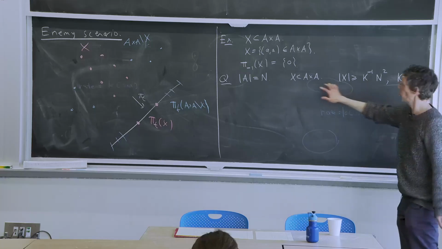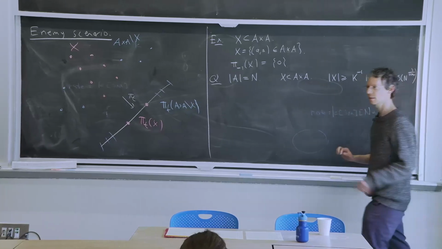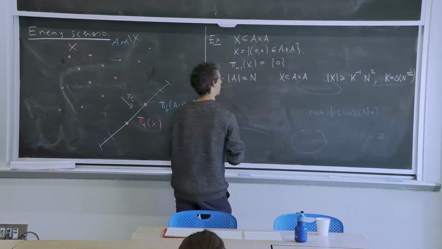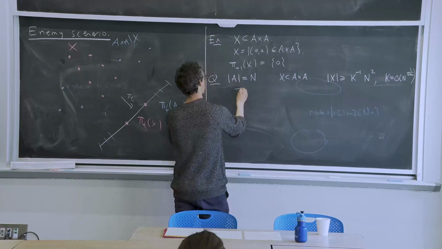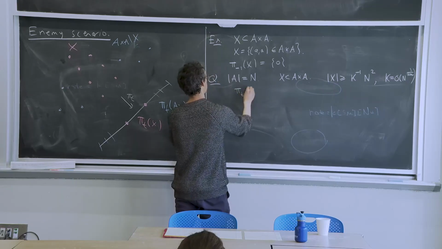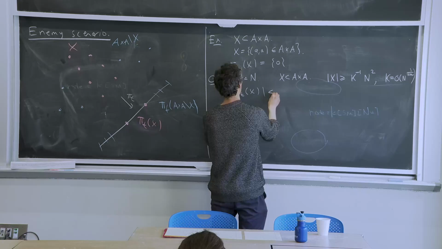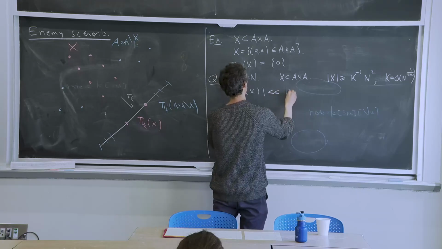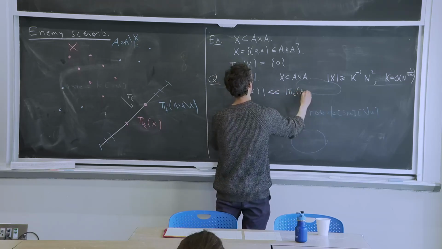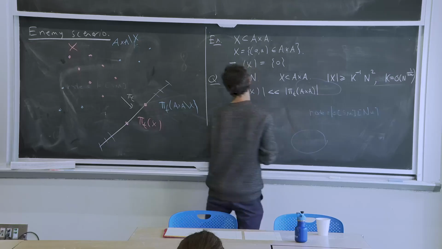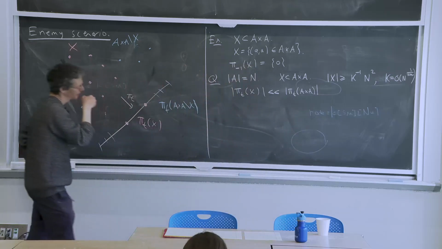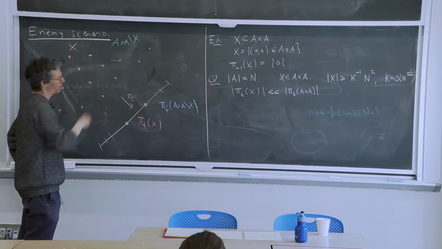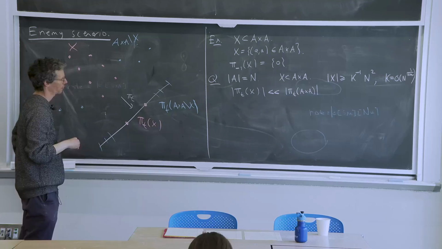So it's really a big portion of A cross A. And pi t of x is like way smaller than pi t of A cross A. We could make that more precise, too, if we wanted to.